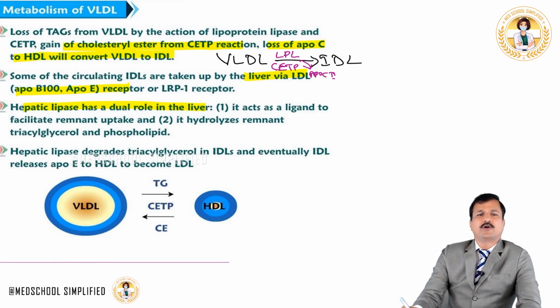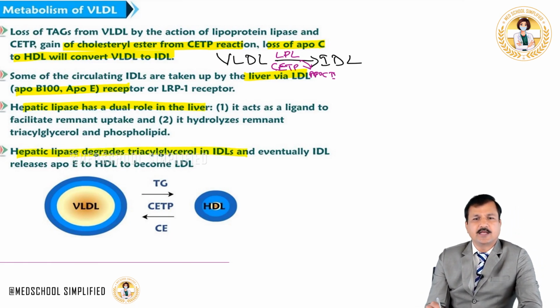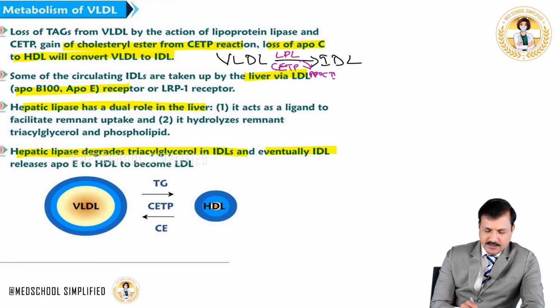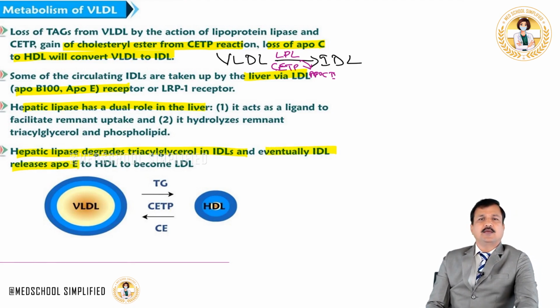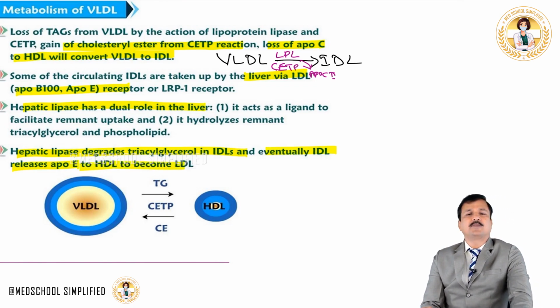So overall hepatic lipase degrades triacylglycerol present in IDLs, and eventually IDLs will release Apo E, which will go back to HDL, and that's how IDL can also become LDL.